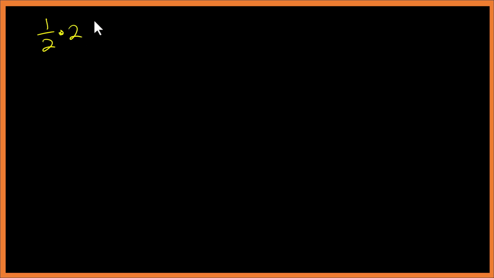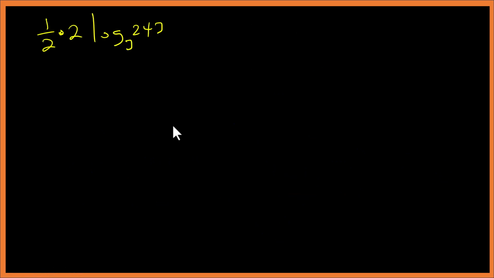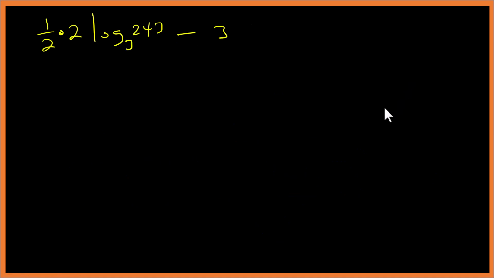times 2 log 243 to base 3. Now let's change this one to 3 to the power 3, so minus, and I think this one can also be changed: 3 times 3 times 3 times 3, 9, 27, 81, times 3, 1, 2, 3, 4, 5.